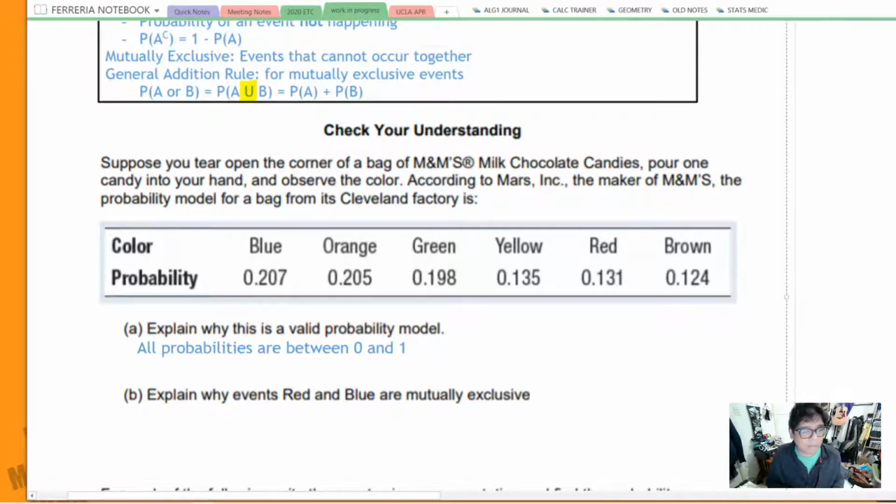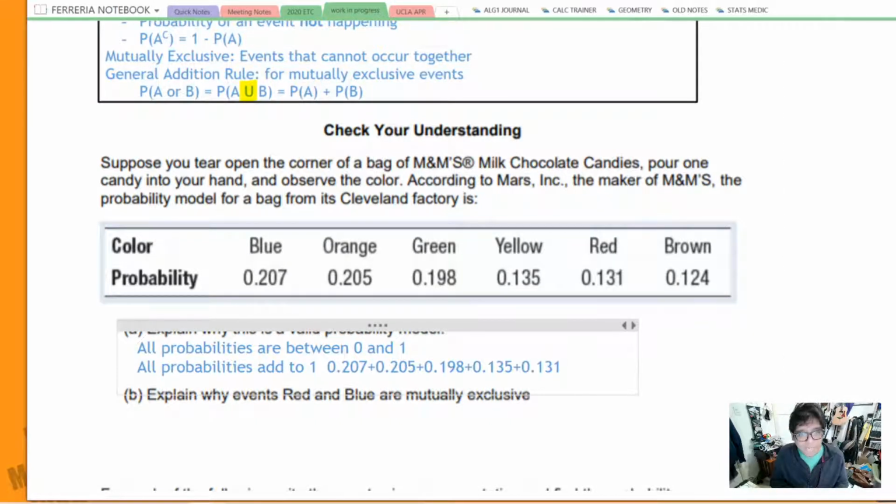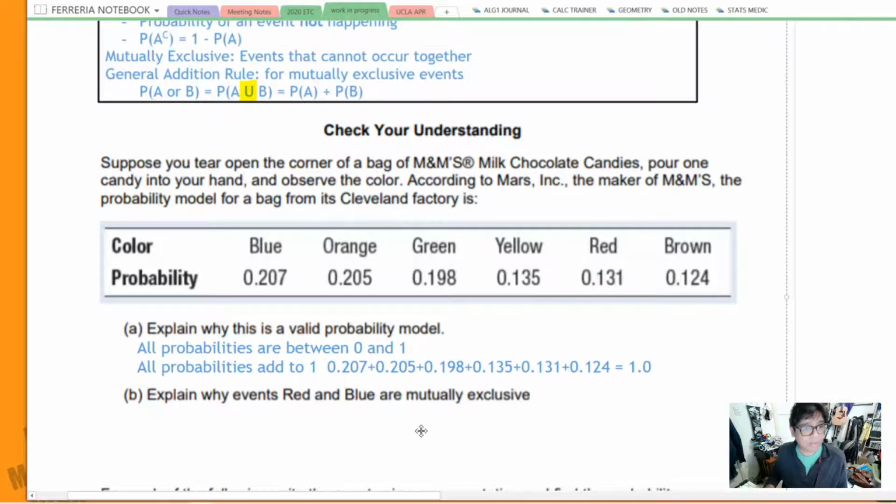Firstly, all the probabilities have to be between 0 and 1, and as you can tell, these are all between 0 and 1. The second thing that has to be true is that all probabilities have to add up to 1. We can check that real quick by adding everything together. And when we add them together, we get, imagine that, 100%. So that's good.